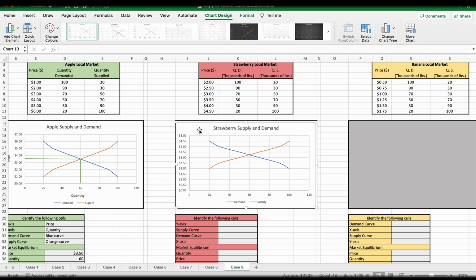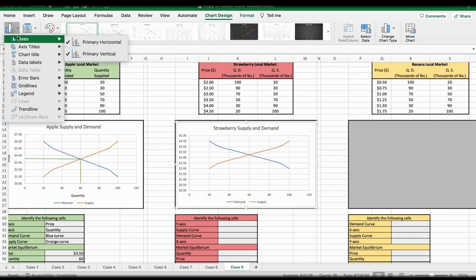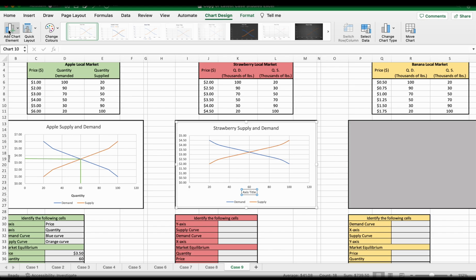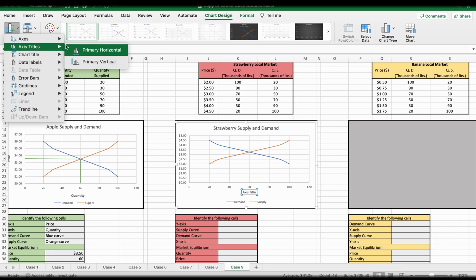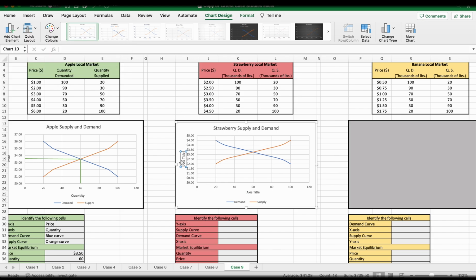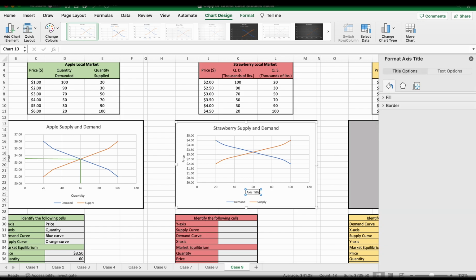Now to add the titles for the y and the x axis, we need to hit this add chart element, and go to the second option, axis titles. So let's hit the primary horizontal and then primary vertical. Double click here again, and title this price and title this quantity.